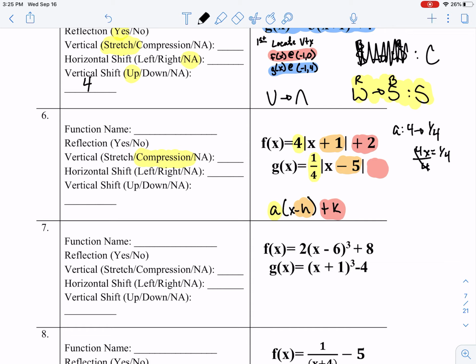Divide by 4 on both sides. x equals 1/16. So it was compressed by 16. You always take the denominator as the compression factor. All right, so that was a, or finding a.